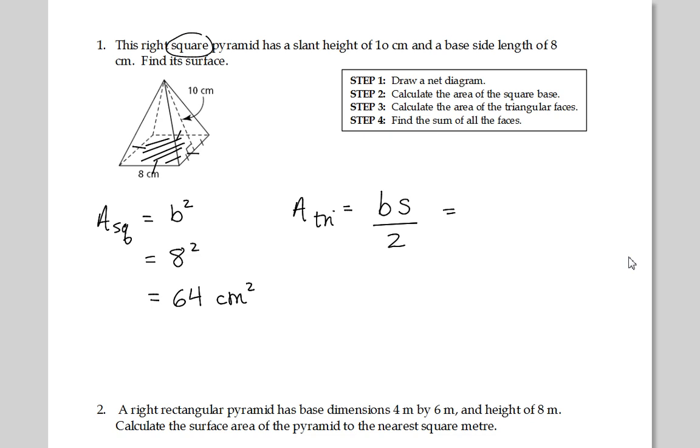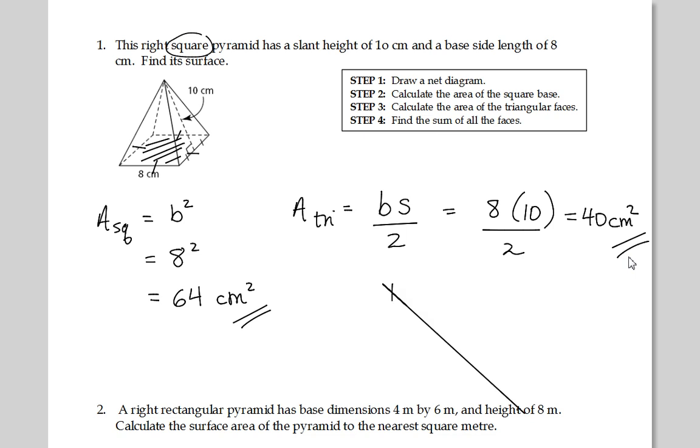So you have 8 multiplied by 10 divided by 2. That's 80 divided by 2, which is 40 square centimeters. But how many triangles are there? 4. That's the area for one triangle.